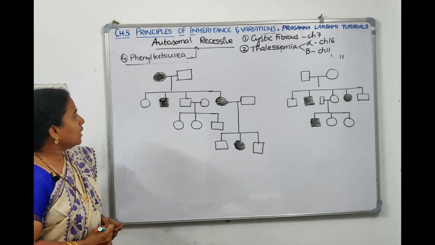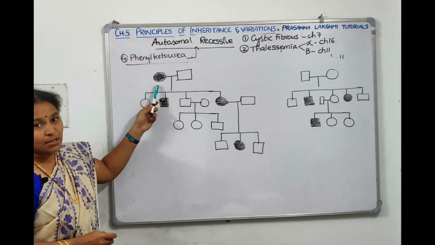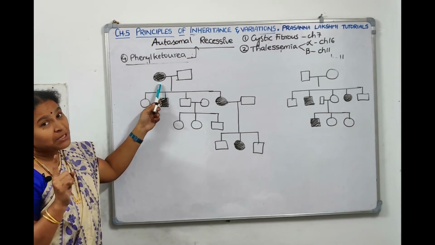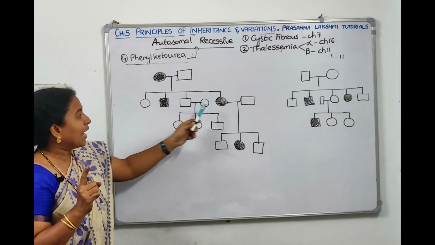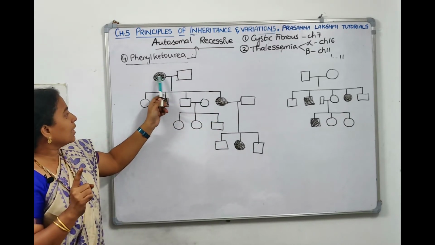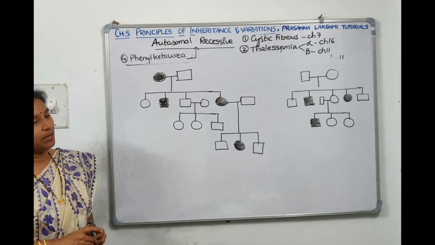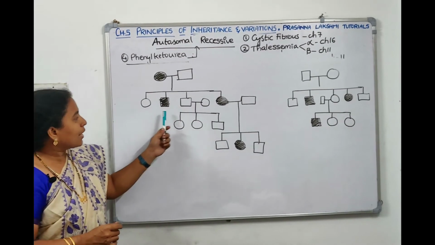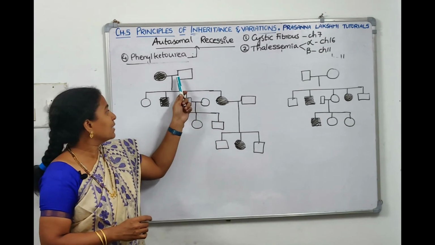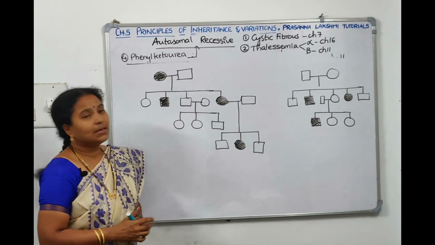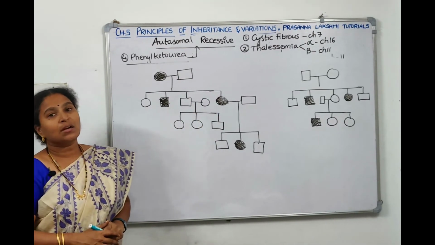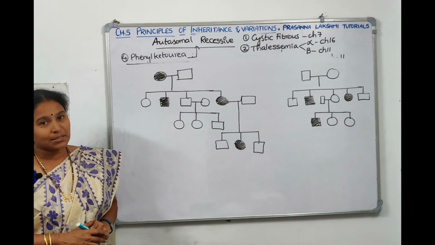Now see, the mother is affected here and has transmitted the disorder to both boy and girl. She has equally transmitted the disorder to daughter and son, which means it is autosomal. Then we need to tell whether it is autosomal dominant or autosomal recessive.